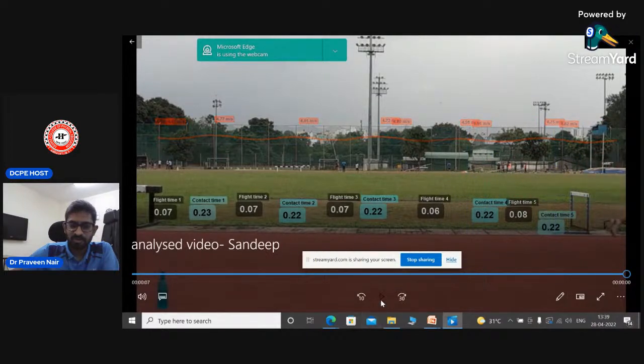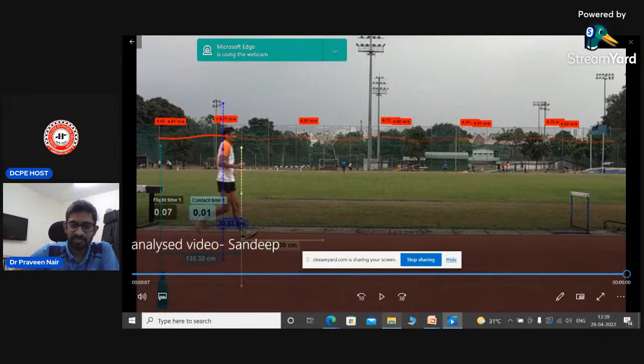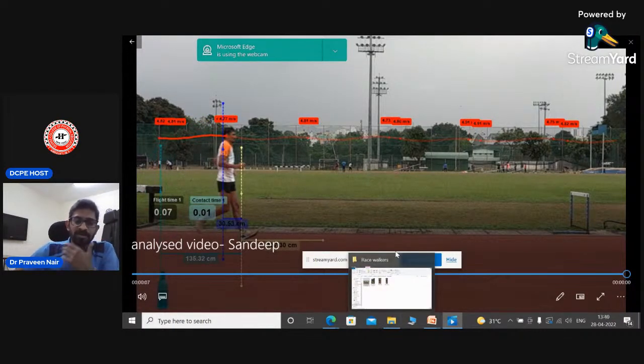Okay, so we can actually find out the step ratio. We can find out the step length ratio also. Step length ratio is the step length normalized with the height, and we can find out how much percentage of the step is in the forward position.